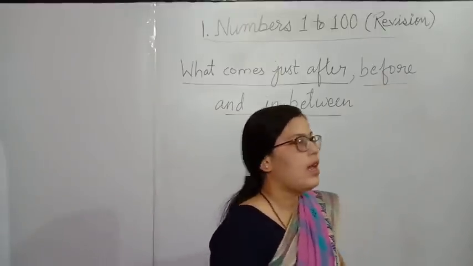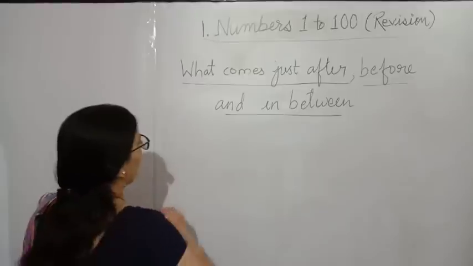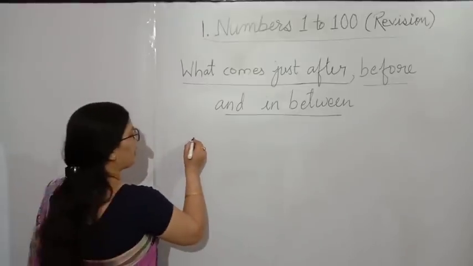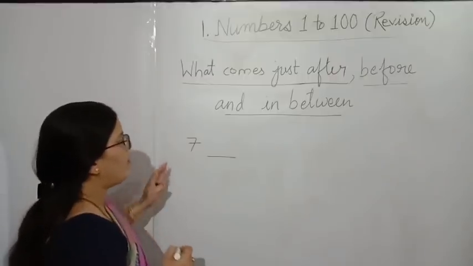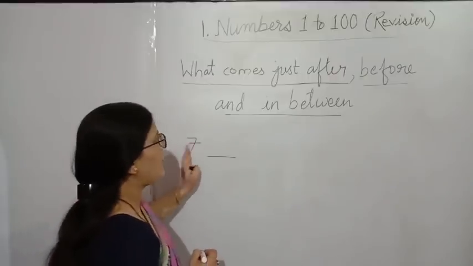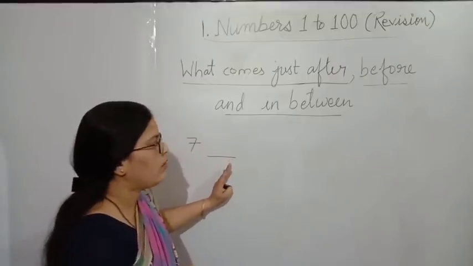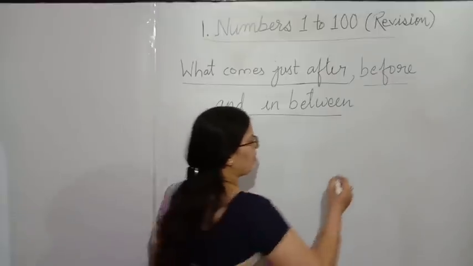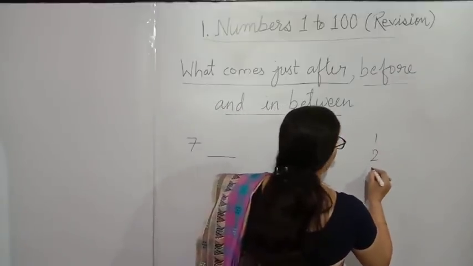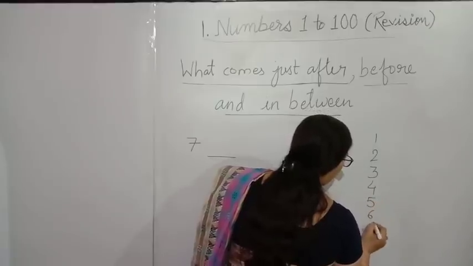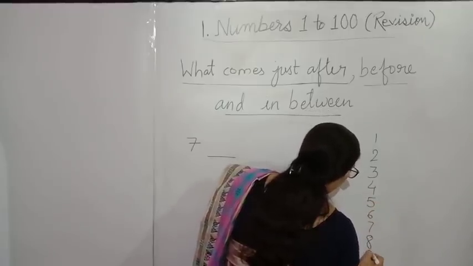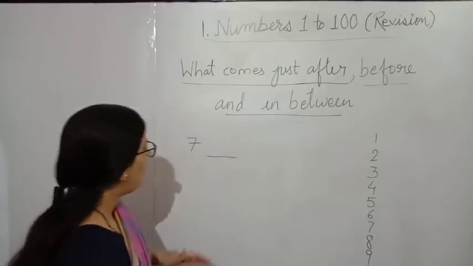Okay, now suppose we take a number 7. We have to write the number which comes just after 7. While counting, you get the number just next to the given number. I have written these countings.